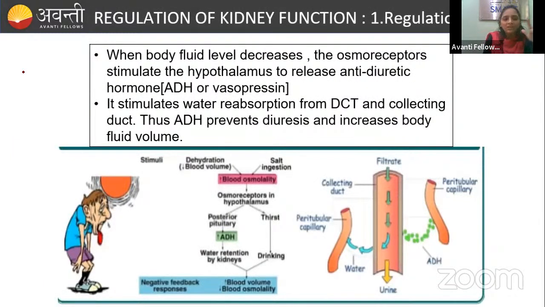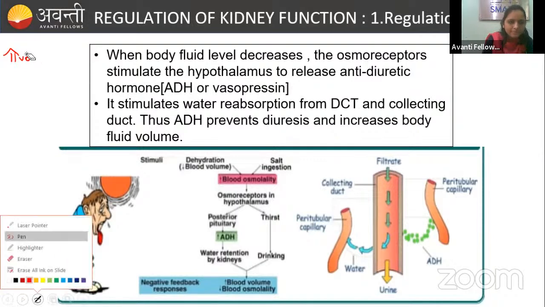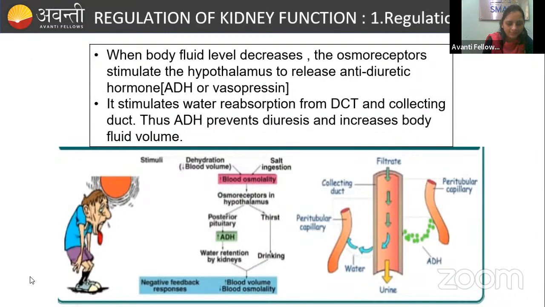Blood volume is decreased. The decrease in the blood volume obviously will lead to a decrease in the blood pressure.